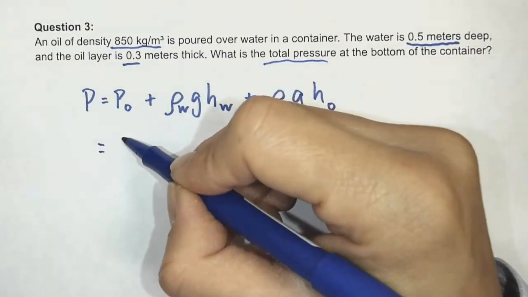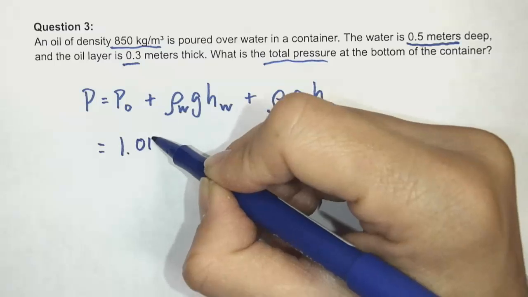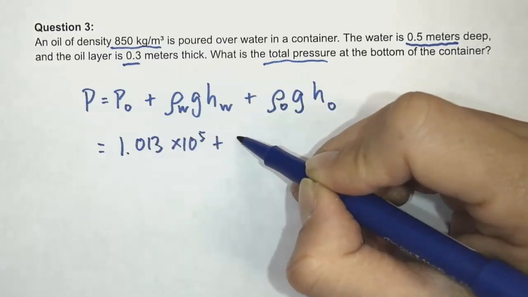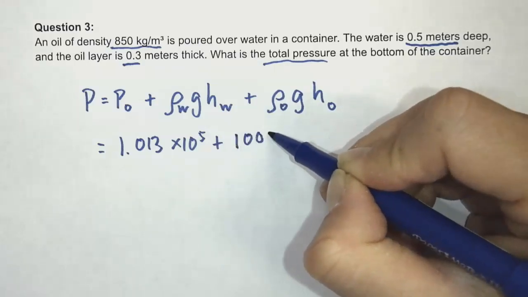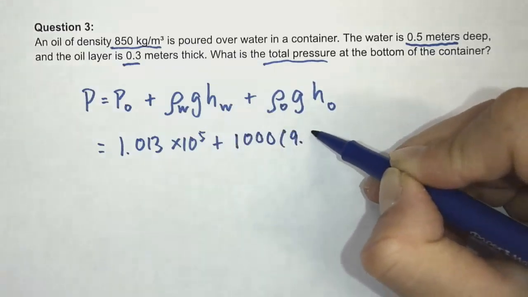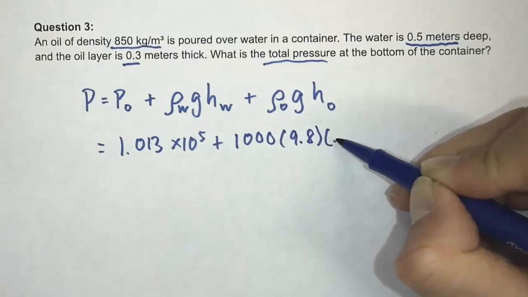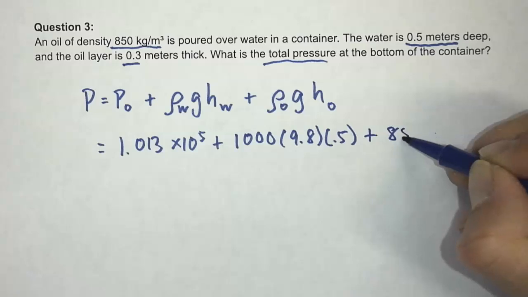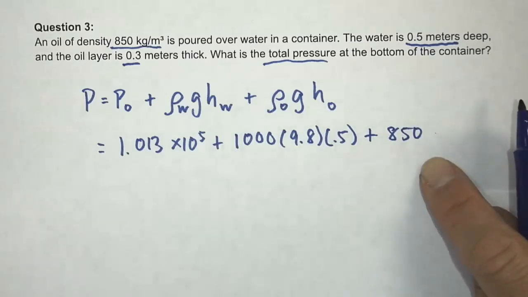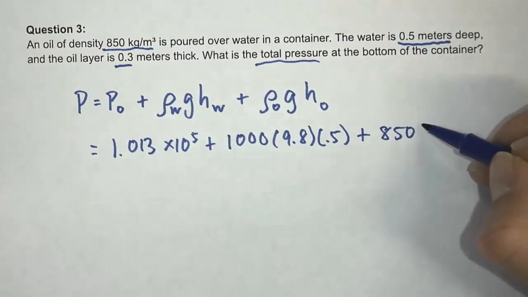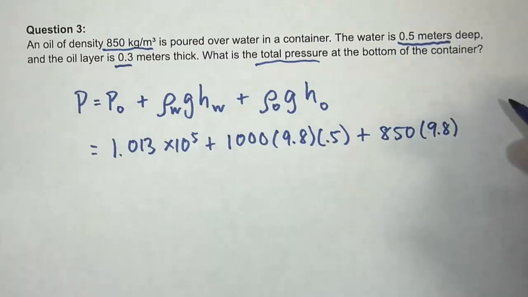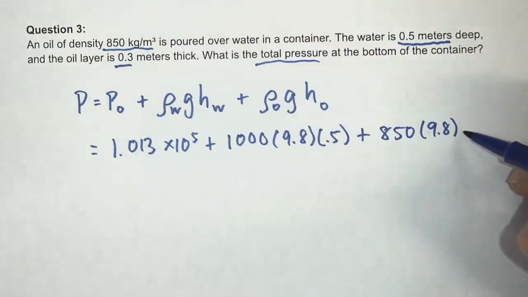All right, the atmospheric pressure is 1.013 times 10 to the 5 plus rho for the water is 1,000 times 9.8 times 0.5 plus 850, the density for the oil, times 9.8 times 0.3.